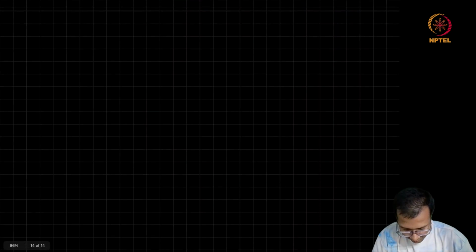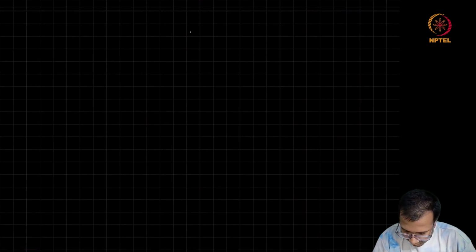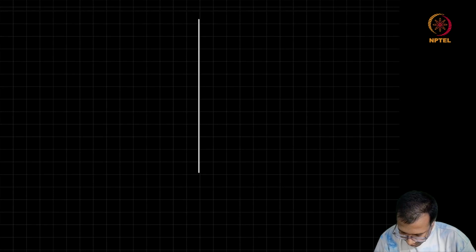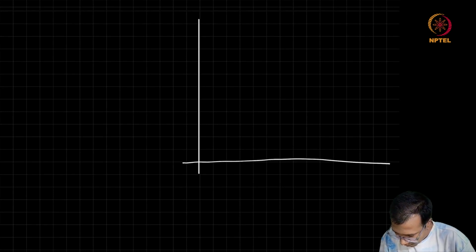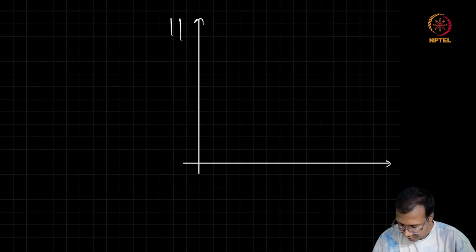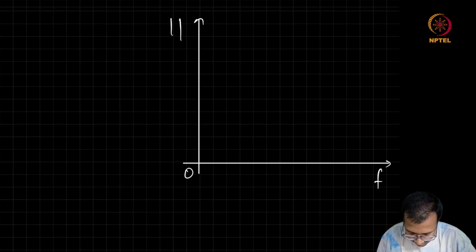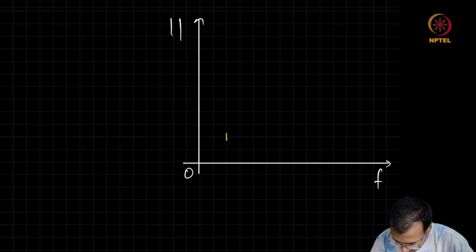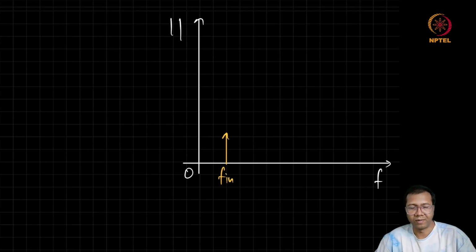So if I draw the magnitudes of x and y, the input and the output signal in the frequency domain, let's say our input signal, which is a single tone, is sitting at this frequency f in. In our audio system example, this frequency was around 1 kilohertz, correct? Really small.